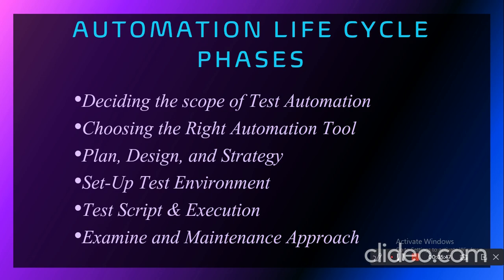The maintenance approach is an automation testing stage that is used to test the new functionality of the software, to validate whether the new functionality added to the product is working fine or not. Okay, so this is about the automation lifecycle phases.